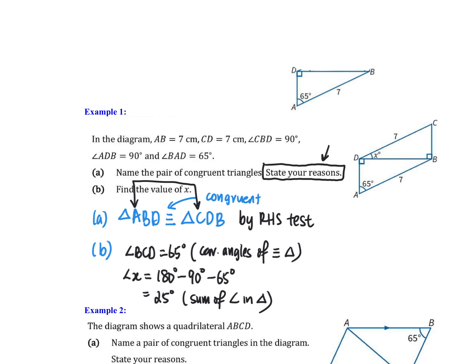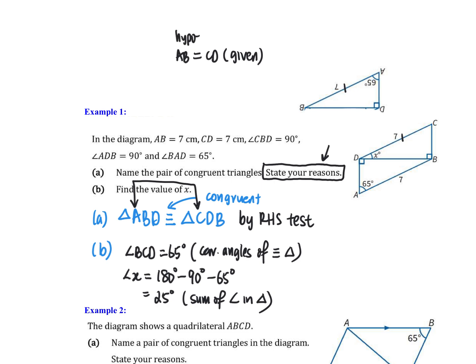If you want to show that they are the same, let's write like that. First thing first, the hypotenuse is the same. So I can write AB is equal to CD because it is given. This is the hypotenuse.